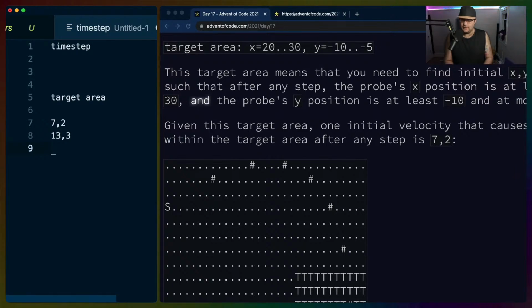And then the y velocity is what, like 0 at this point? So it's 13.